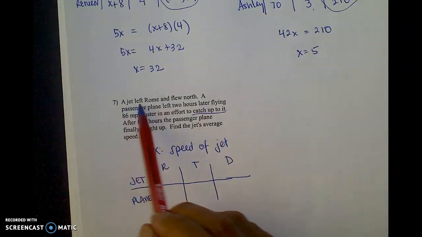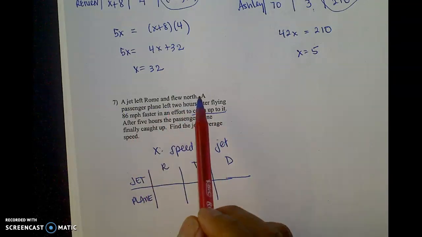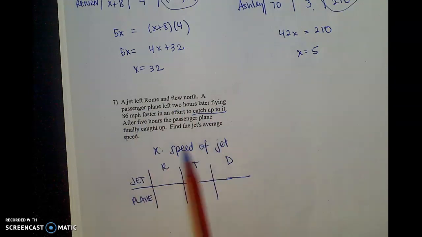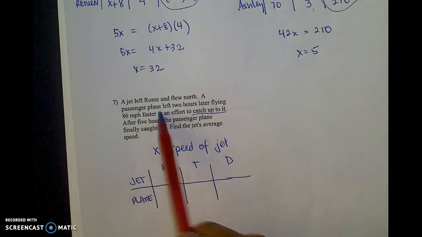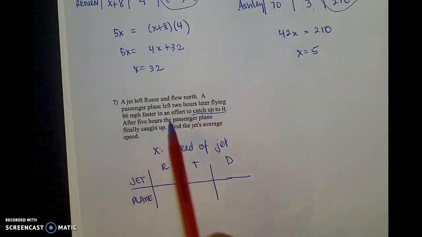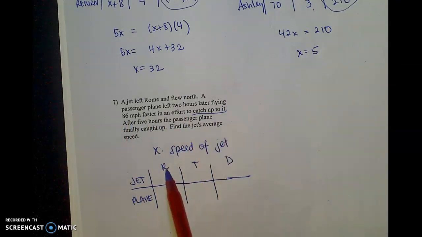Okay, let's go back here. A jet left Rome and flew north. A passenger plane left 2 hours later, flying 86 miles per hour faster in order to catch up to it. So a passenger plane is traveling faster than a jet.